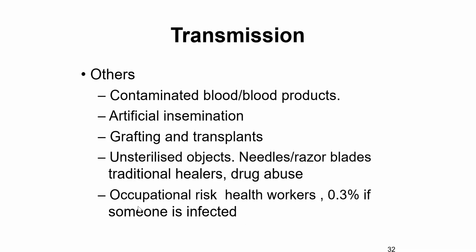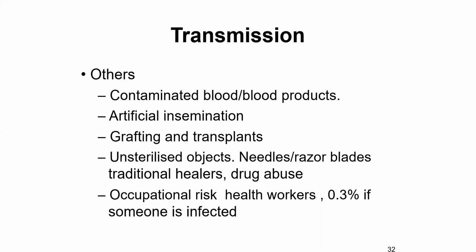But we also have occupational risks, where healthcare workers, remember, will be dealing with patients. Some of the patients might be HIV positive. So during some of the procedures, like collecting blood, surgery, there's also some risk of HIV passing from the patients to the healthcare workers.